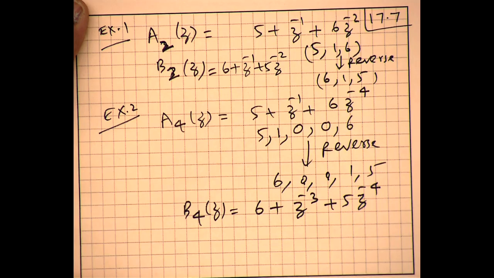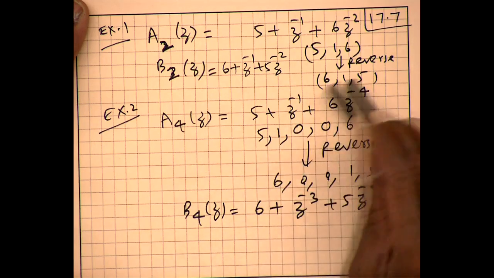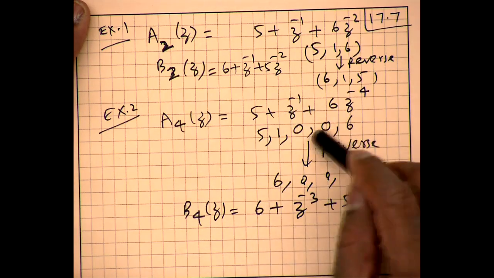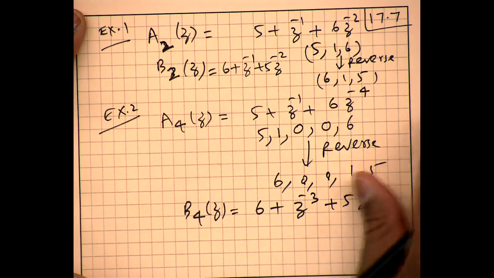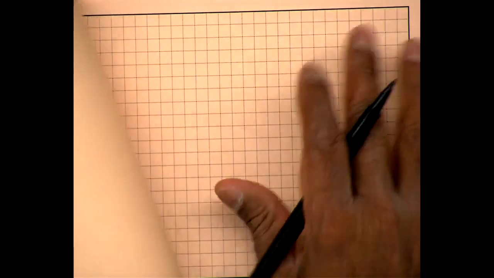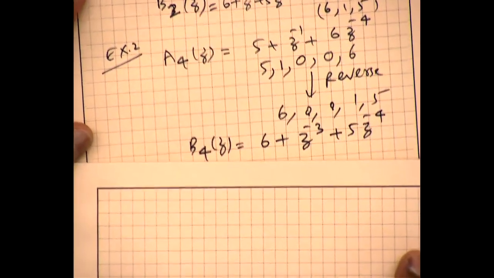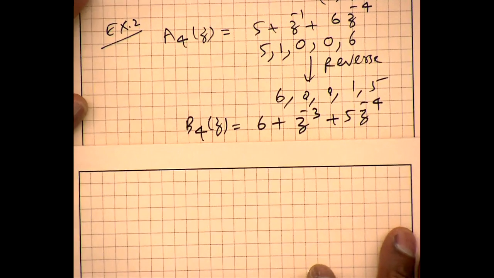So the coefficients are reversed, but if some of them are missing, we have to be careful not to throw them out. Okay, so we define a polynomial and its reverse polynomial.